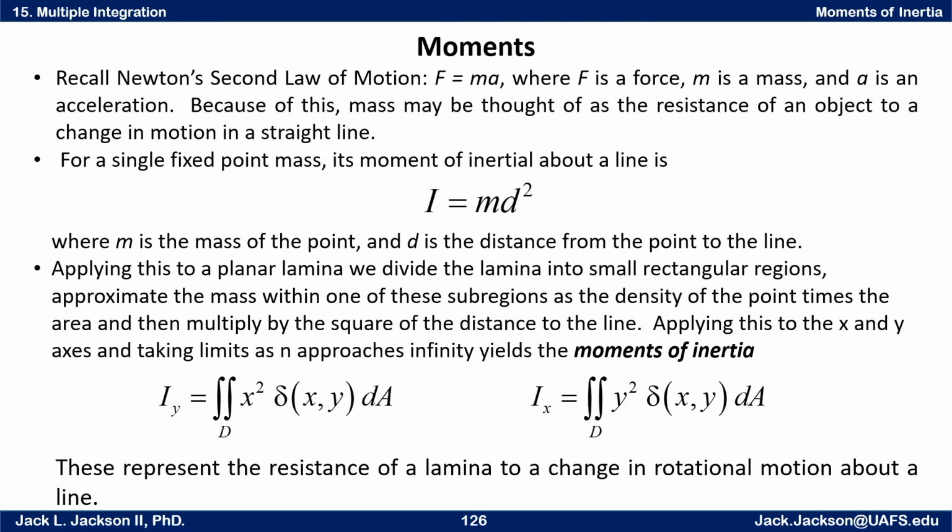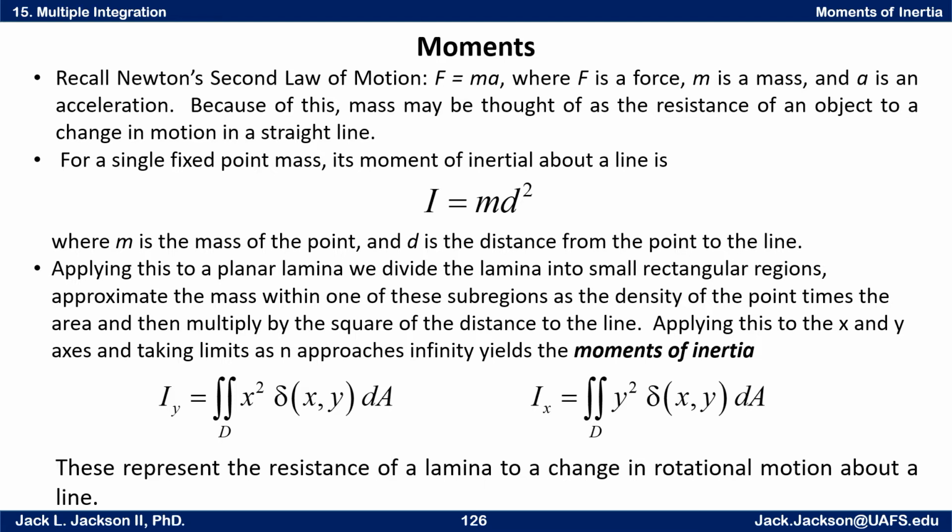We apply a similar type of reasoning as we have done earlier. If we apply this to a planar lamina, we divide it up into small rectangular regions and approximate the mass within one of these subregions as the density at a point, say in the center of that region, times the area of the region, to get an estimated point mass for that little rectangular subregion.